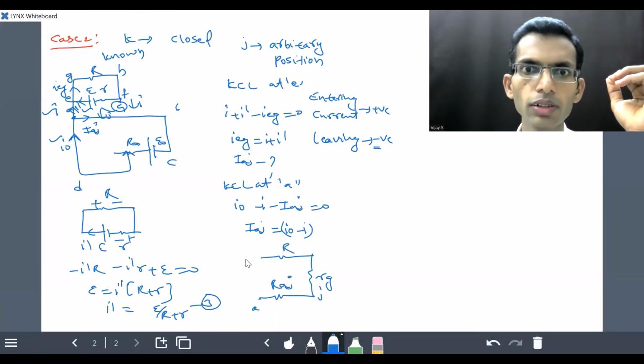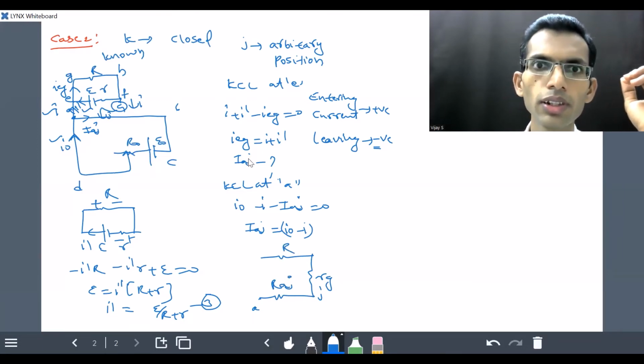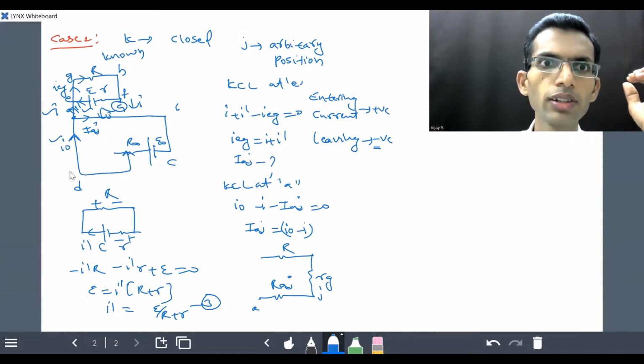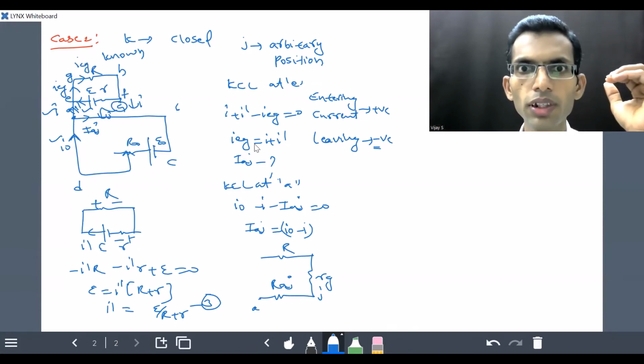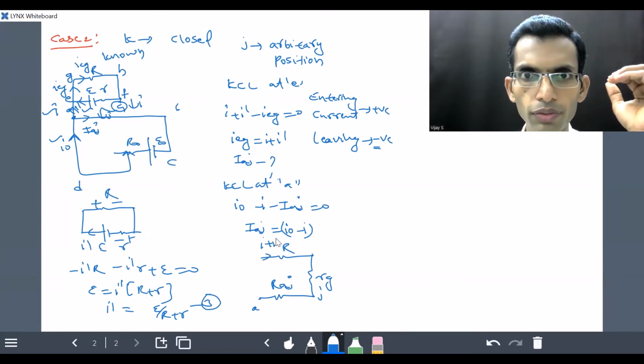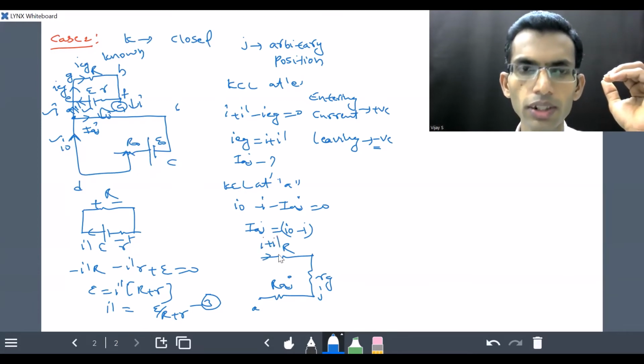So this is resistance. What is the current flowing through the resistance? We can see that it is nothing but IEG only going to flow through the resistance R. So this is also going to be IEG. So IEG is how much we got from KCL, I plus I dash. Here I plus I dash will flow, right? So that is the thing.